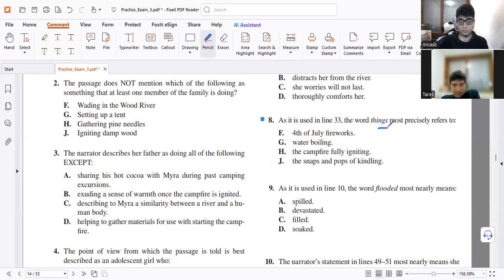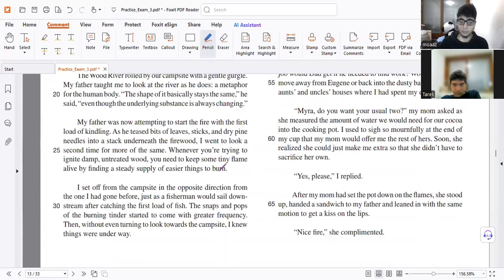The word sense, 33. Go and read very quickly. Remember, 33, you must read the paragraph, and don't forget what you read.